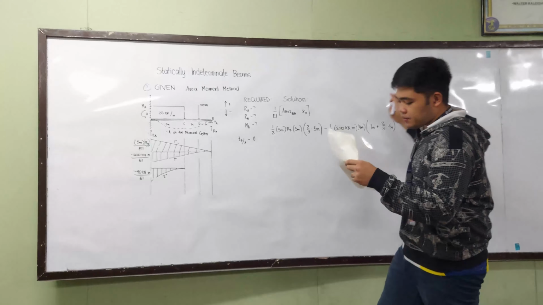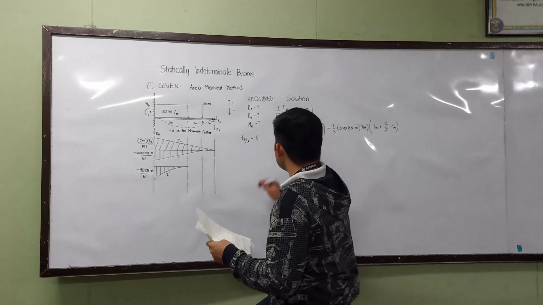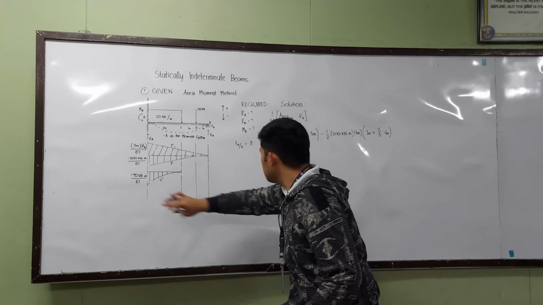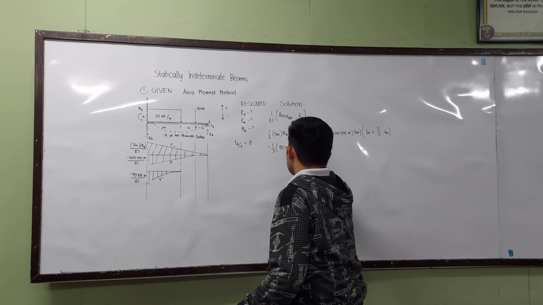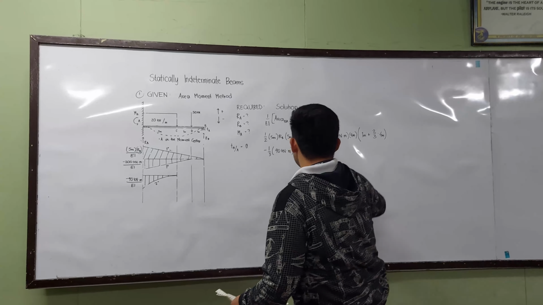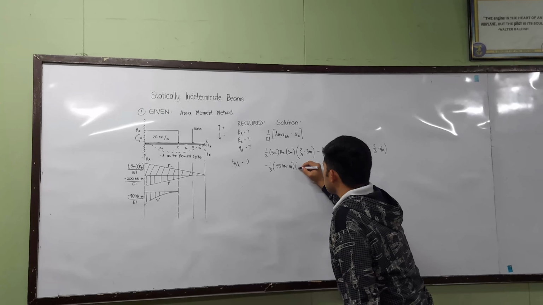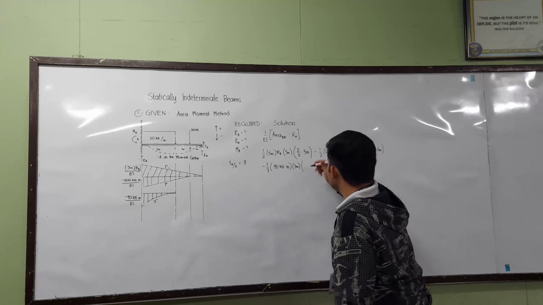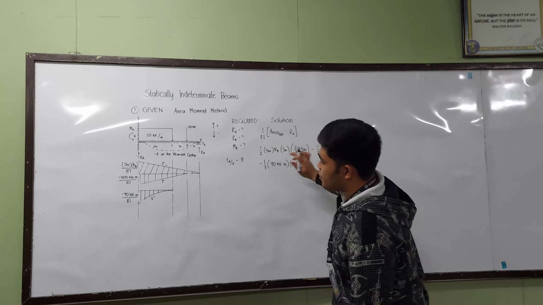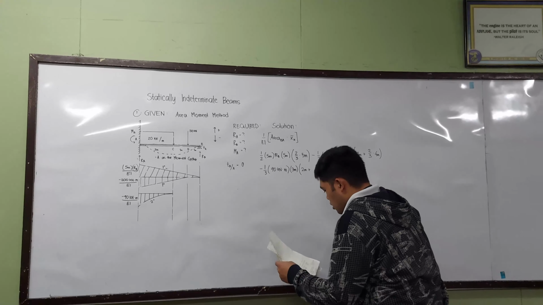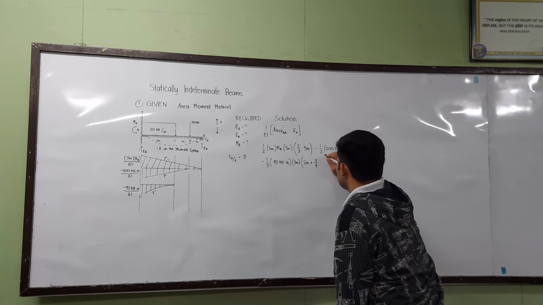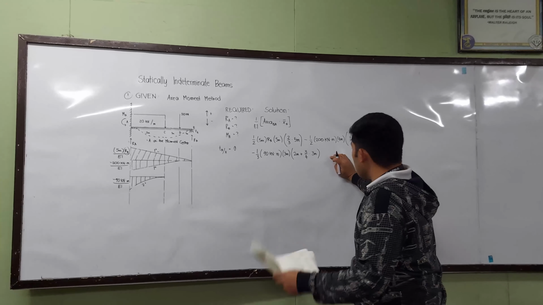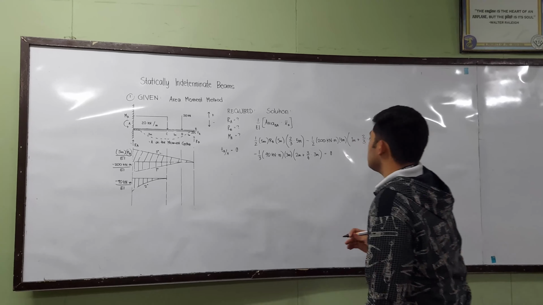And lastly, for the parabolic one, minus again, since it's negative, minus 1/3 times 90 kilonewtons times meters times the base of 3 meters, times 2 meters plus centroid of 3/4 times distance 3 meters, and that will be the one that we are solving.